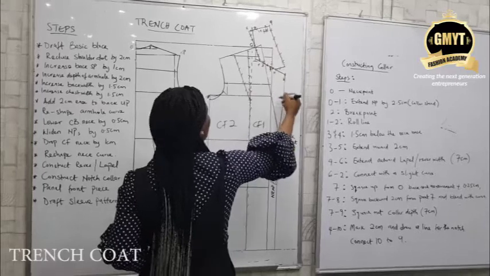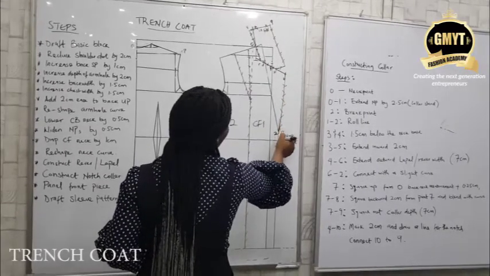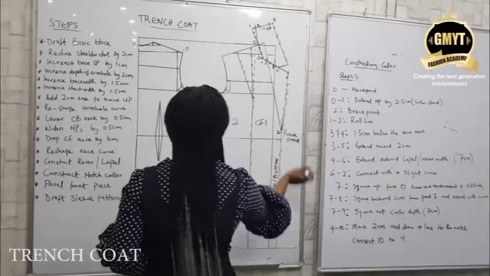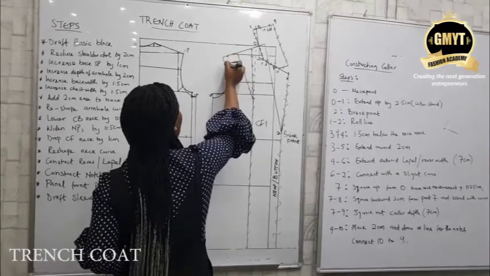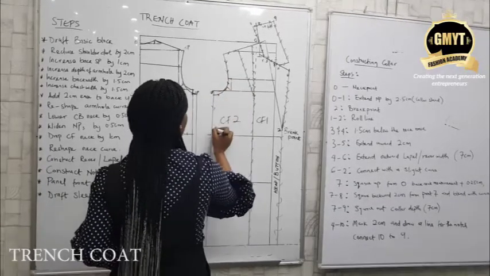Cut the neck. And as for the CF2, you continue from the shoulder, the armhole, and the side.